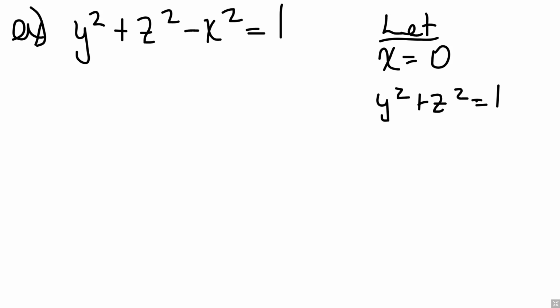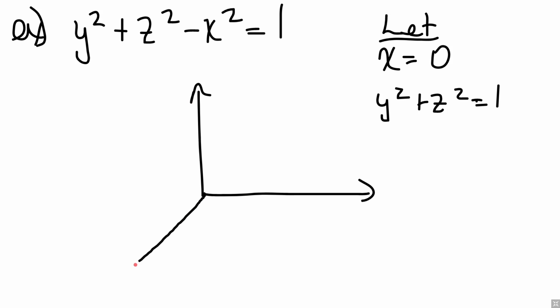So essentially, we're going to start off dealing with what? We're going to start off dealing with a circle. Okay, so let's draw that. Now, it's going to be a circle in what axis?